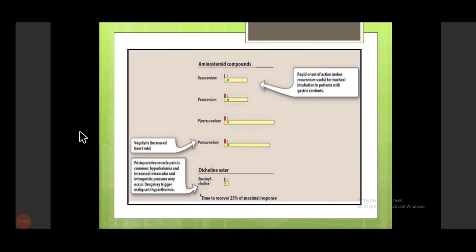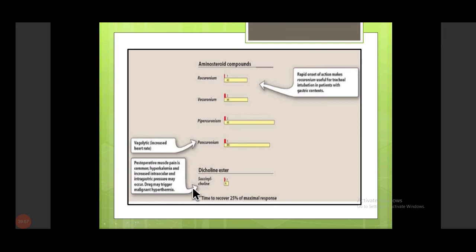Another disadvantage of the use of pancuronium is its vagolytic effect. Vagolytic means it would inhibit the M2 receptors in the heart and would lead to tachycardia. Hence, it is also a problem with this group of drugs.